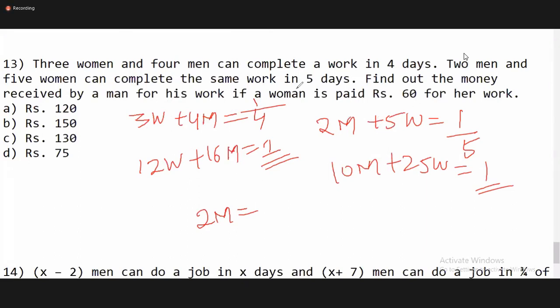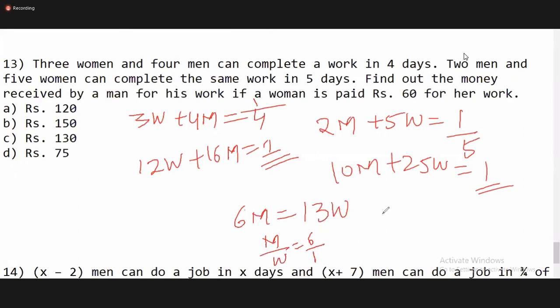Is this right? 2 men and 5 women. So finally, tell me what is this? So 6 men is equals to 13 women. So men by women is equals to 6 by 13.